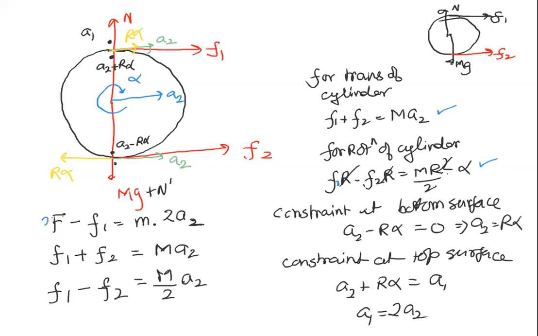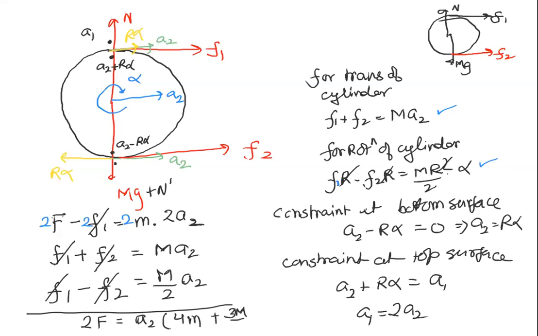I will multiply this equation by 2 and I will add all three equations. 2F1, F1, F1, F2, F2. Sir, I was moving from one equation to another. You have to be a little careful. A2 into 4m plus 3M by 2.